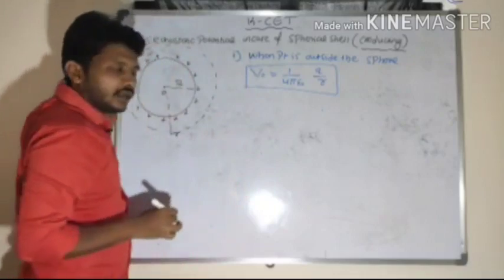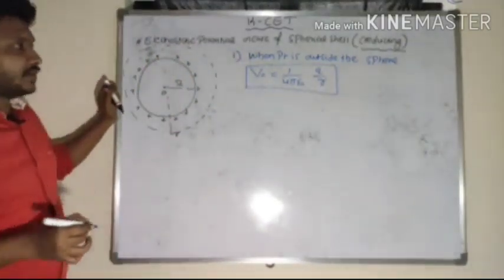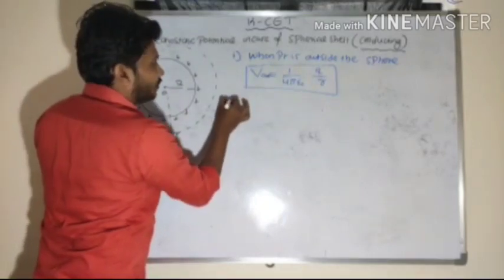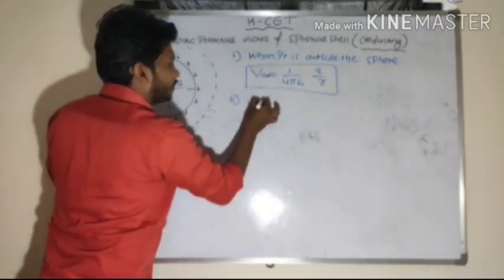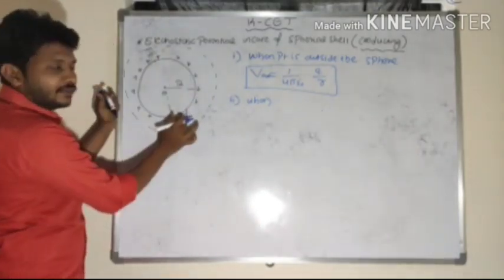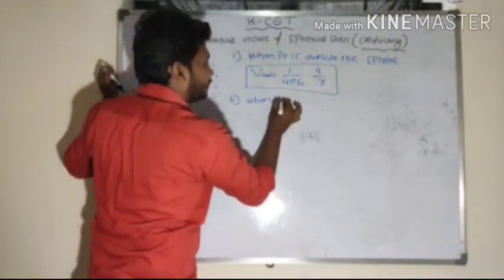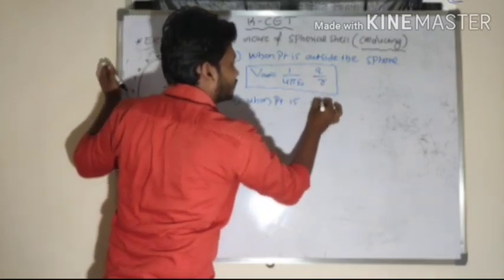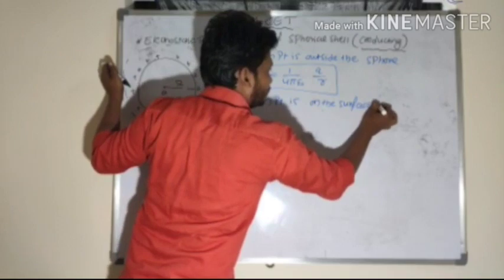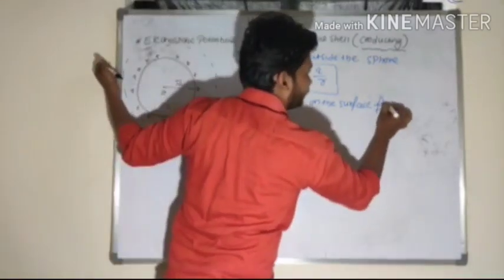What is the formula here? V out is equal to 1 by 4 pi epsilon naught Q by R. Now I will choose the point P on the surface of the sphere.